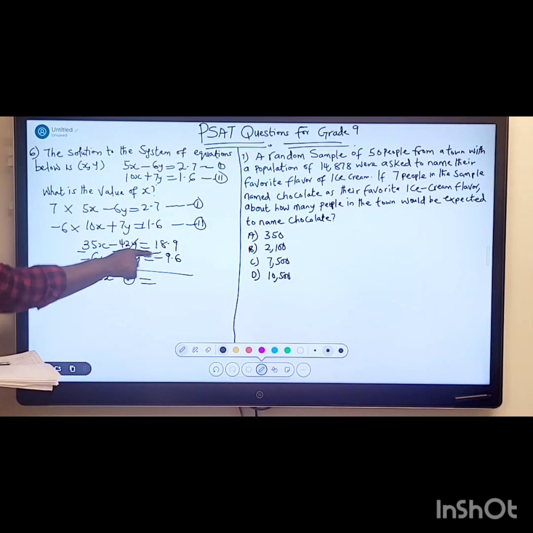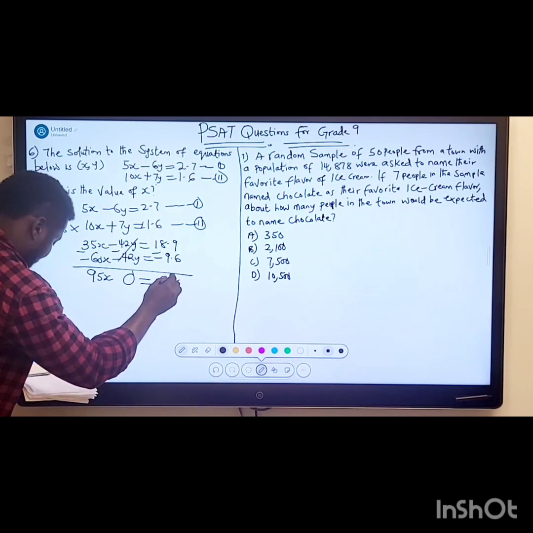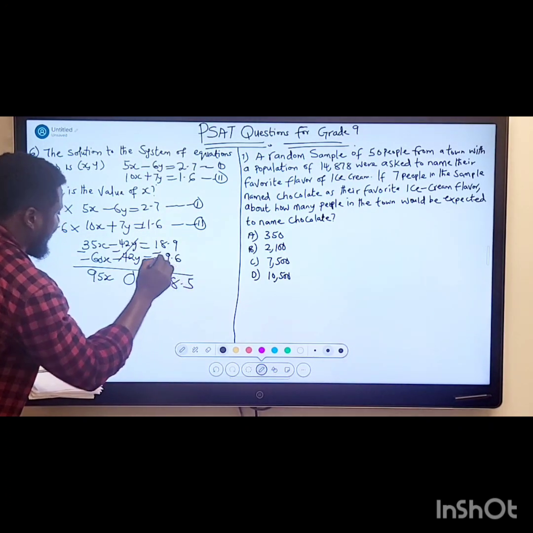Then the right side: negative times negative gives positive, so 18.9 plus 9.6 gives us 28.5.